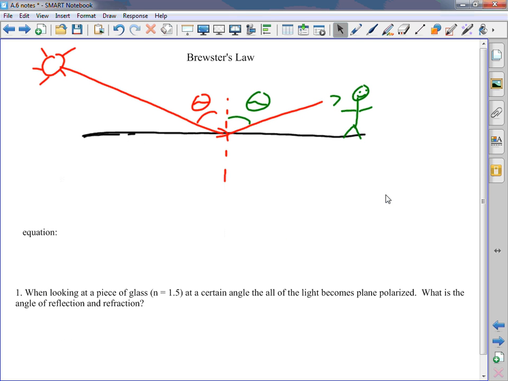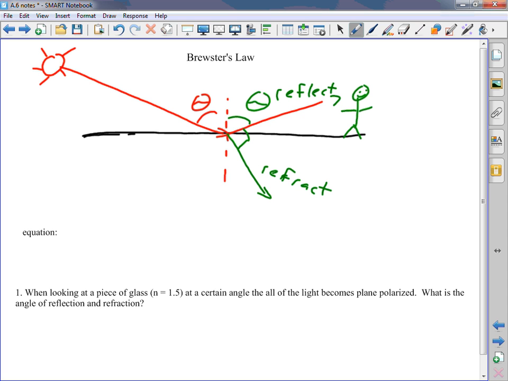Now, an interesting phenomenon happens here. This is reflected, and here is refracted. The portion that is refracted, at Brewster's angle, is exactly 90 degrees from the reflected ray.